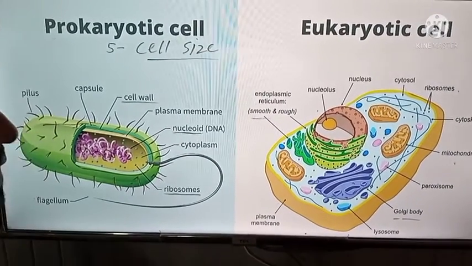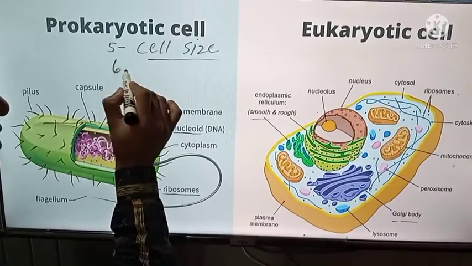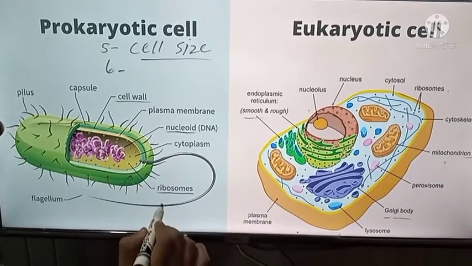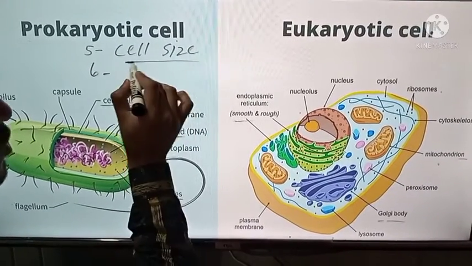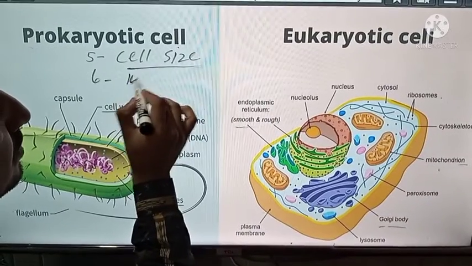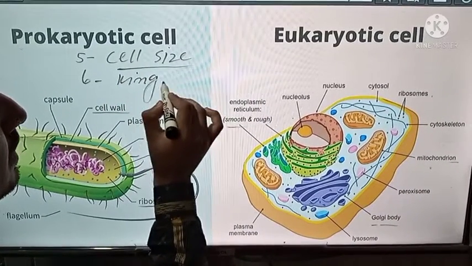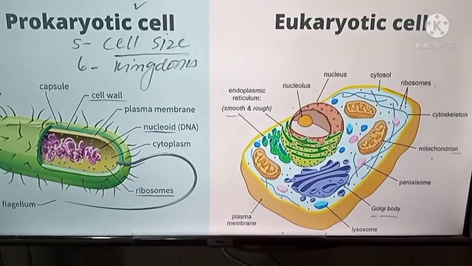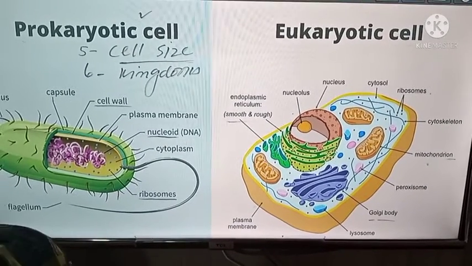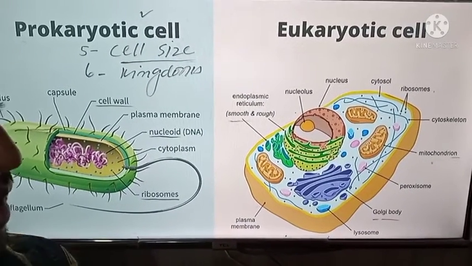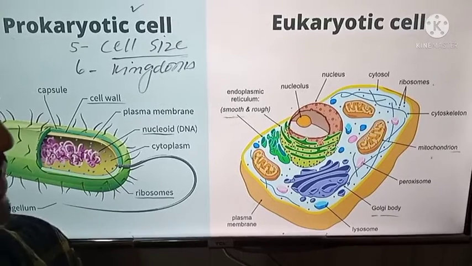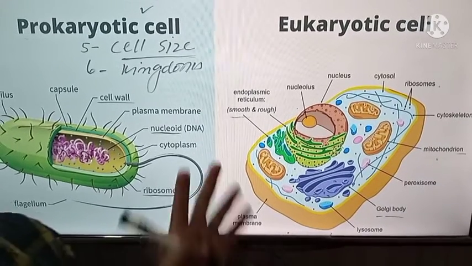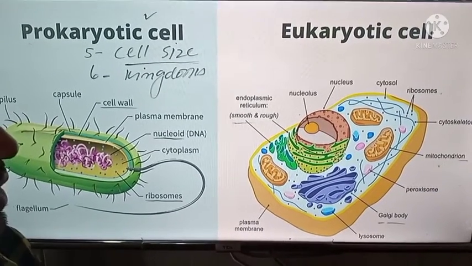Now we have the last difference of this lecture: species, kingdoms. In the kingdom system, there are five kingdoms present, and in this five kingdom system, a lot of species are present.